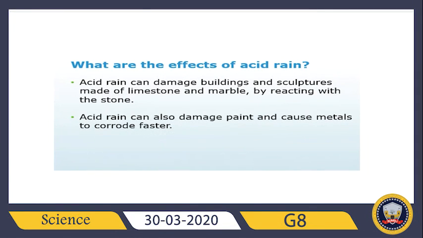So guys, you can imagine that acid rain can also damage buildings and statues and stones that are mainly made of limestone and marble by reacting with the stone. So actually it has a very powerful effect. Acid rain can also damage paint and cause metals to corrode faster.